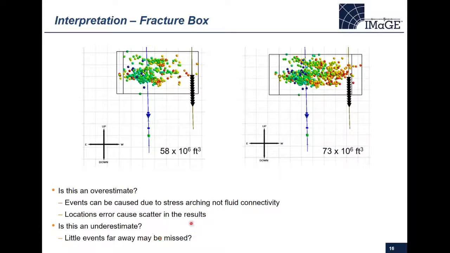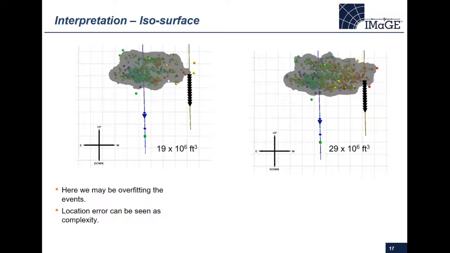So if we've got little events, as we see here, they may be missing from around. It could be that our detection limit is causing us to not see some events that we should see. Insight can also look at using an iso surface, so fitting again a cloud around this to see what volume is stimulated.